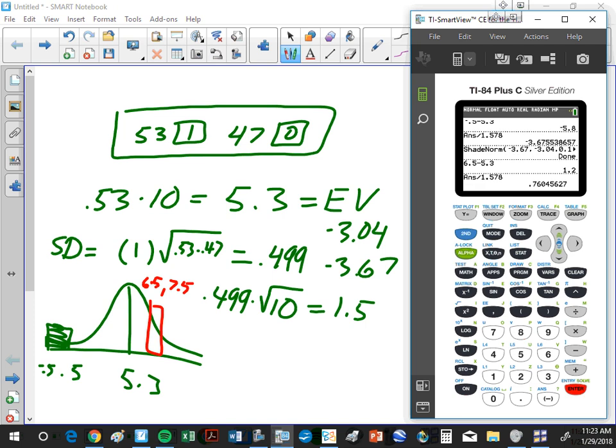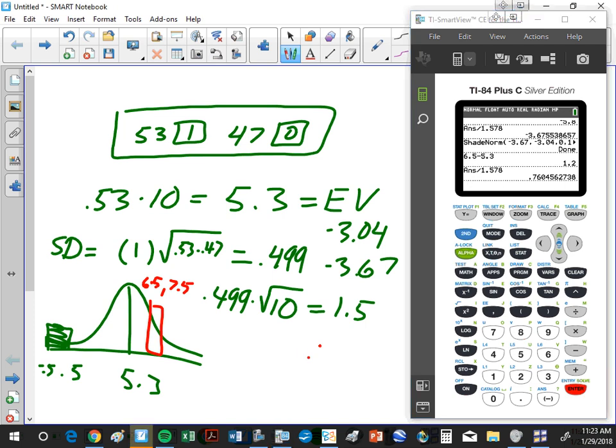So my first z-score is 0.76, and then 7.5 minus 5.3, and I divide that by the SE, 1.578, and my right z-score is 1.39. Now I just need to do shade norm between 0.76 and 1.39.